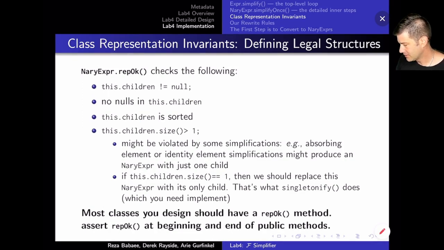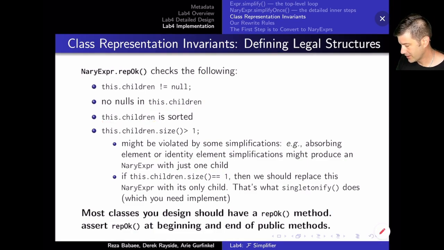So for example, we check that for any expression its children list is not null, because an n-ary expression with no children is just not a well-formed expression. That there is no child itself that is null. We require now that children are sorted, right? So we're going to assume that our simplifications sort the children.